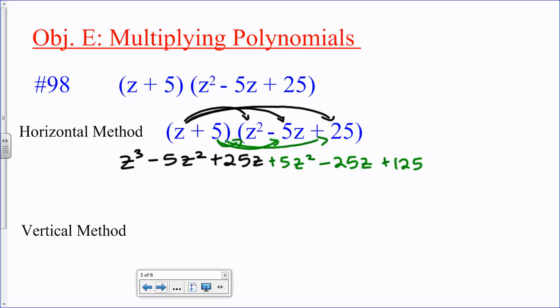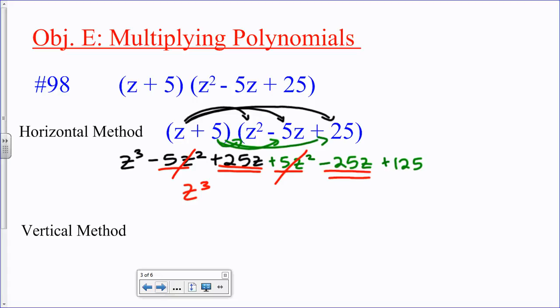Now all we have to do is combine our like terms. Does z cubed have a like term? No? Okay. So I just write that one down. What about negative 5z squared? Does that have a like term? 5z squared. What do I get when I combine those? 0. Okay. What about 25z? Does that have a like term?